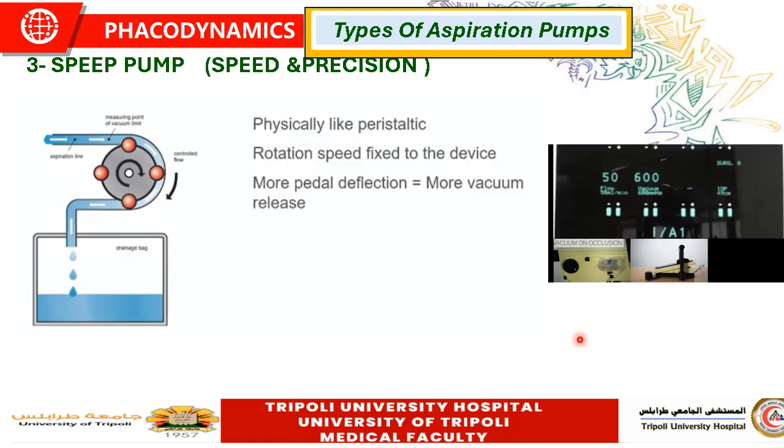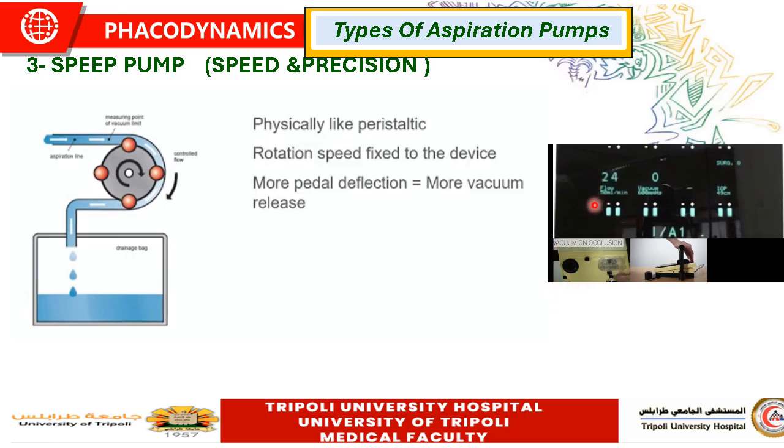Moreover, you will have linear control for both the aspiration flow rate and the vacuum. So once you release your foot from the foot pedal, the vacuum will drop down. You can see in this animation that you see the vacuum and the aspiration. This is the preset value. Once pressing the foot pedal down, the pump immediately starts with very high speed.